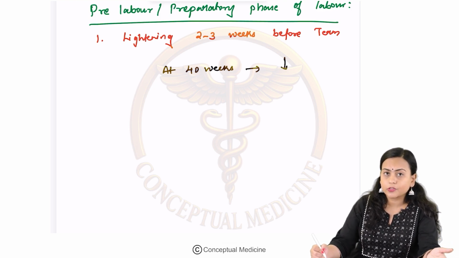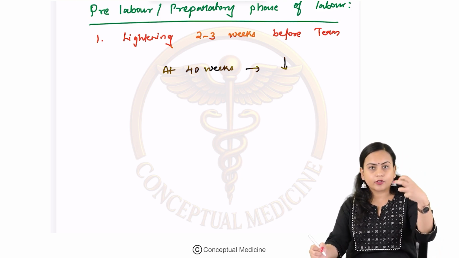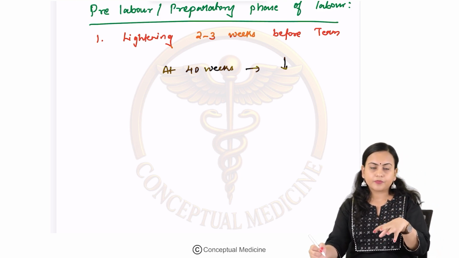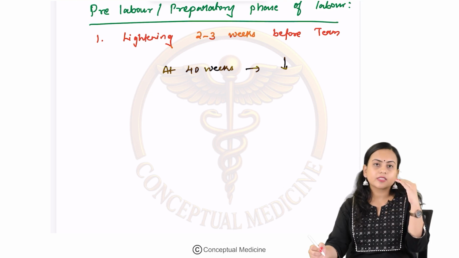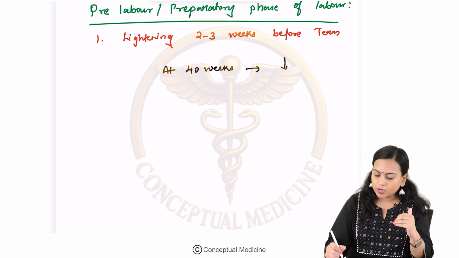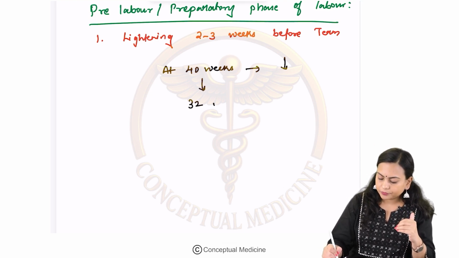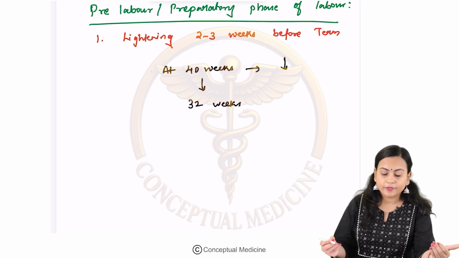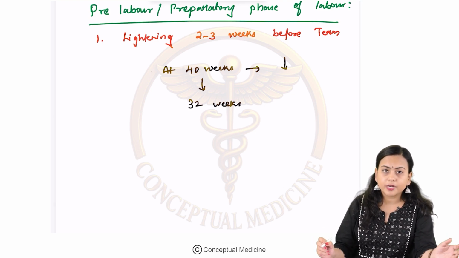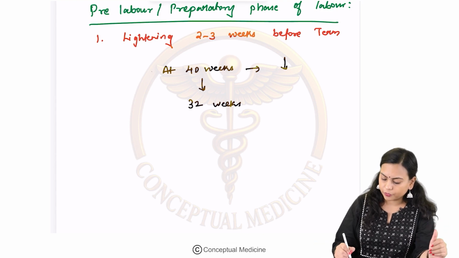As the engagement is going to occur, the fetus is going to descend downwards into the pelvis. So when it is happening, the uterus size comes back again to 32 weeks of gestation. But remember, at 40 weeks, the flanks are going to be full, but at 32 weeks, the flanks will not be full, right?